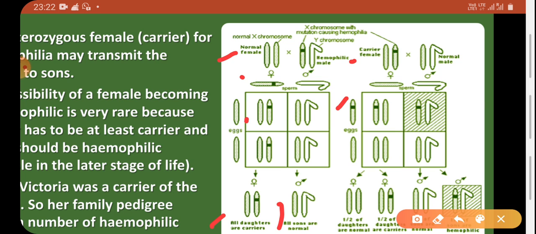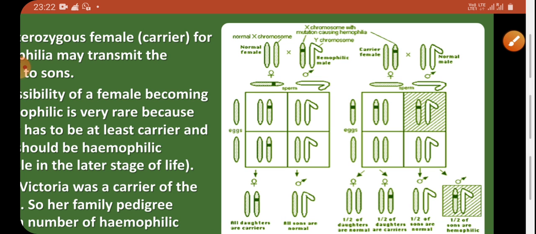So in this case only the female is a carrier, and in this case, it is a very rare chance for a female to be hemophilic.